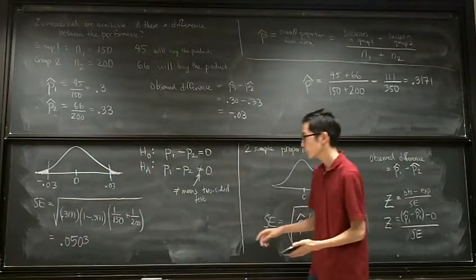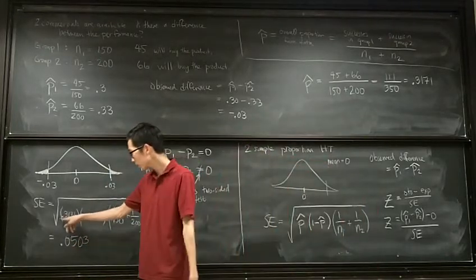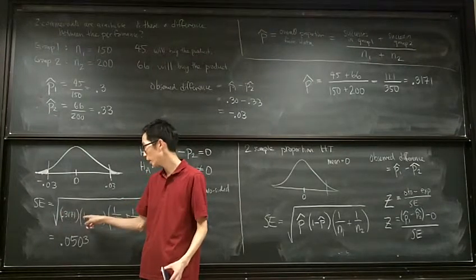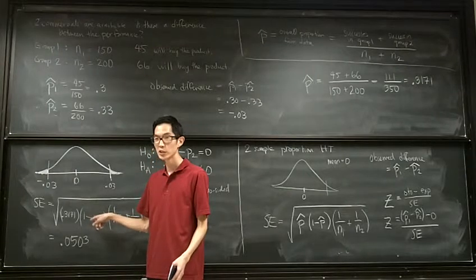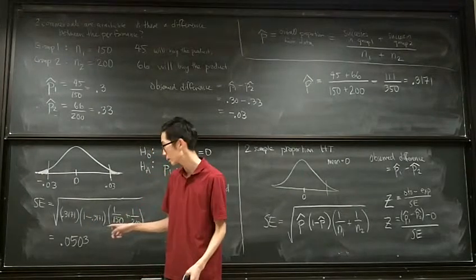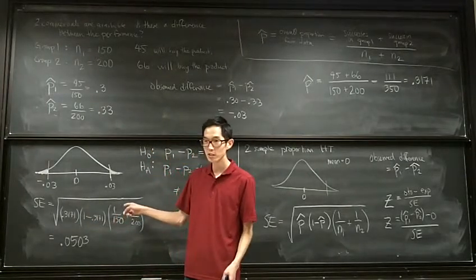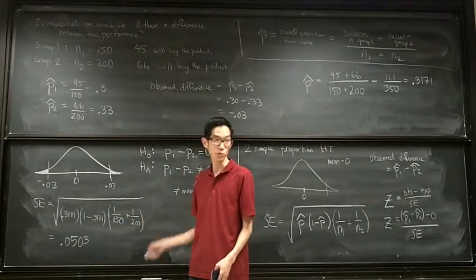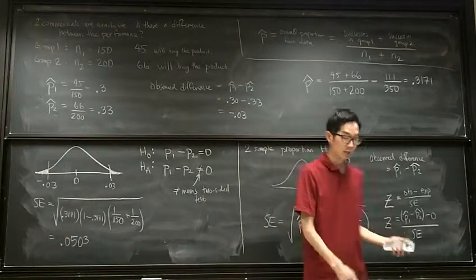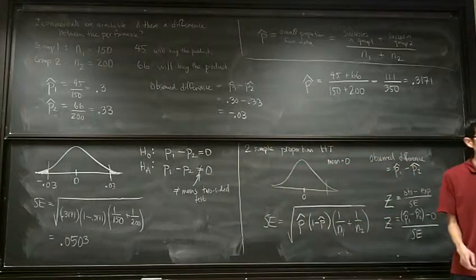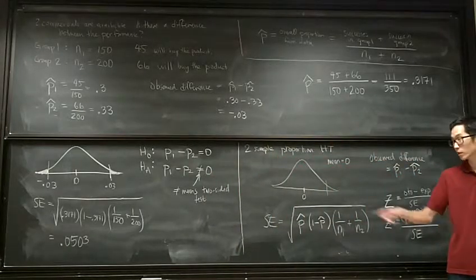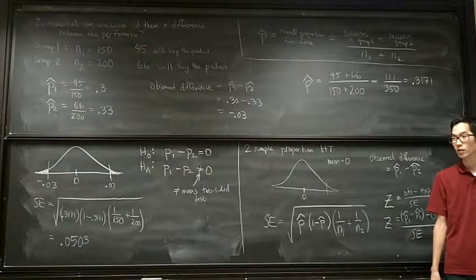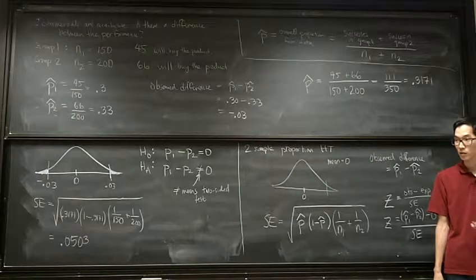So I'm typing literally exactly as it's written here. Just the inside: 0.3171 times parentheses 1 minus 0.3171 close parentheses times parentheses 1 divided by 150 plus 1 divided by 200 close parentheses. When I do that, I get a number, and then I hit the square root answer button, and I get 0.0503.